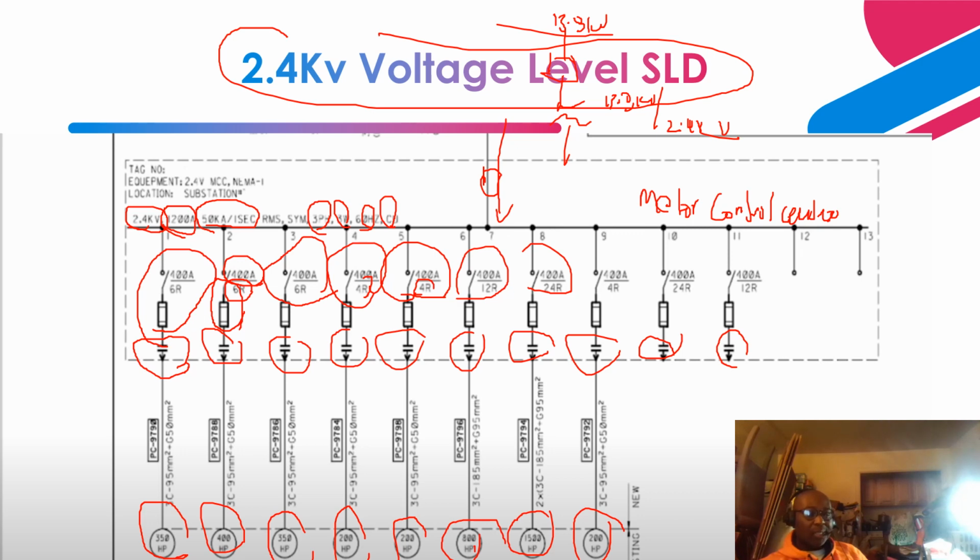So the sizing of all these fuses is based on the horsepower rating. Based on the horsepower rating, you can get the full load amps of the motor, and based on the full load amps and the withstand short circuit capability, the size of the fuses are selected.